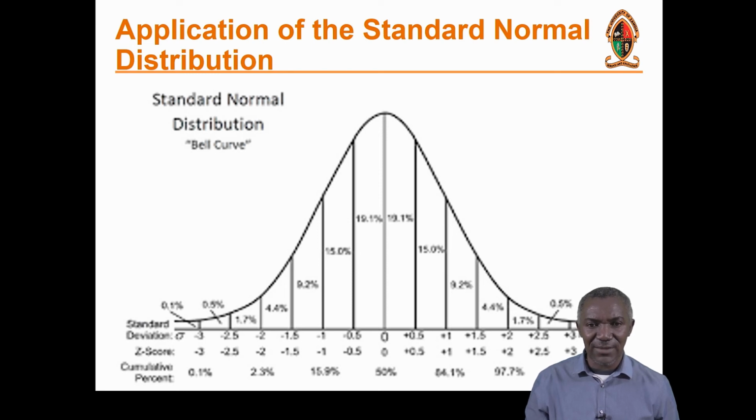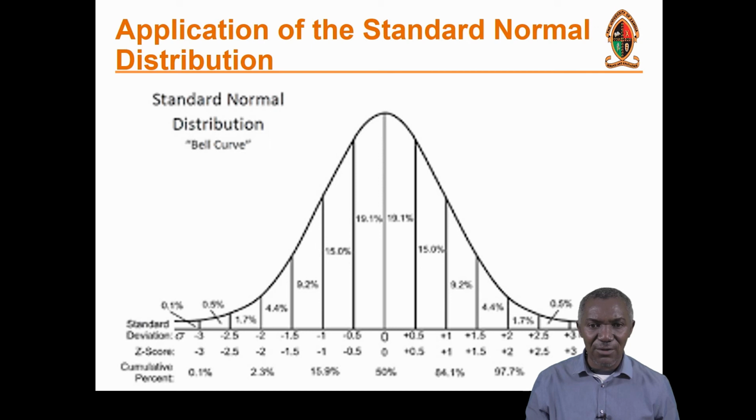So to get the area there, we have 0.34, we subtract from 0.5, which is the mean, or we can subtract 34 from 50, and what we get is a percentile rank for the value that falls at one standard deviation.